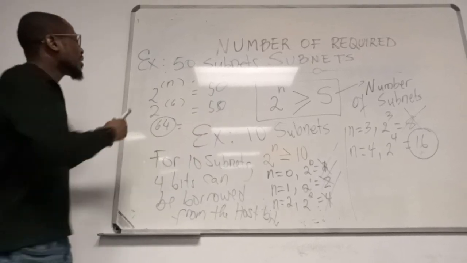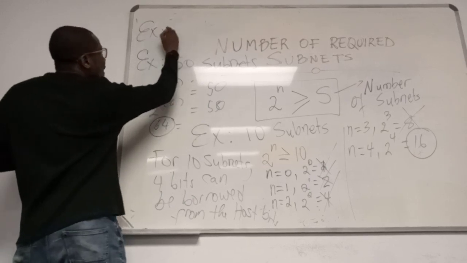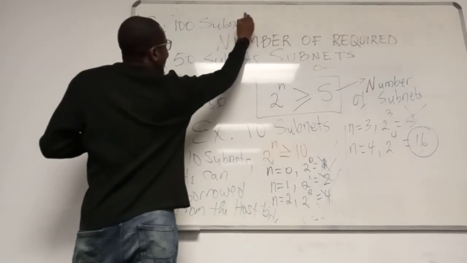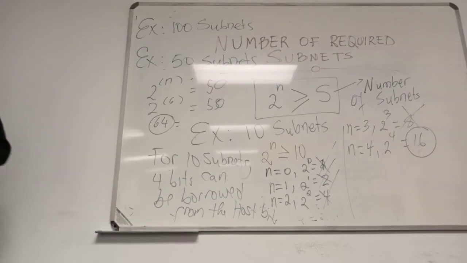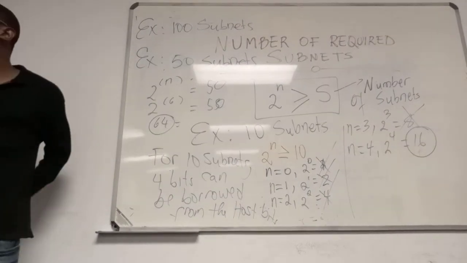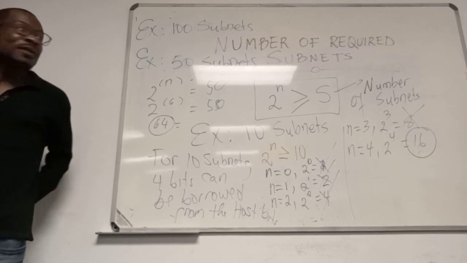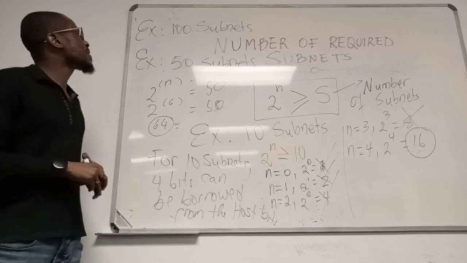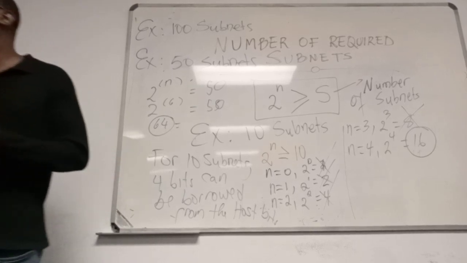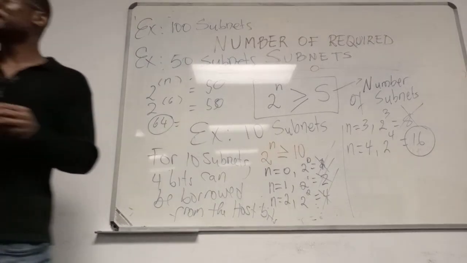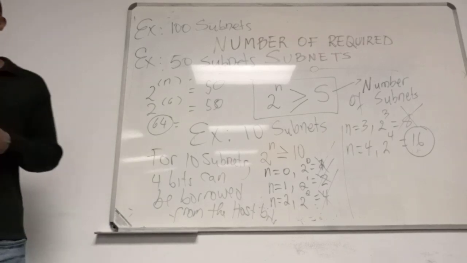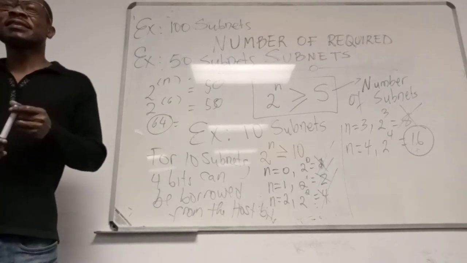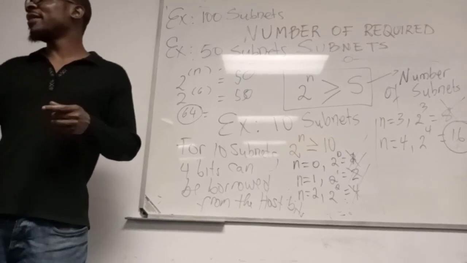Right? Okay. So I want somebody else to check for me for 100 subnets. This is the requirement. We want 100 subnets. What's going to be the answer here? Kosinati, come and think here. You must think in real time.